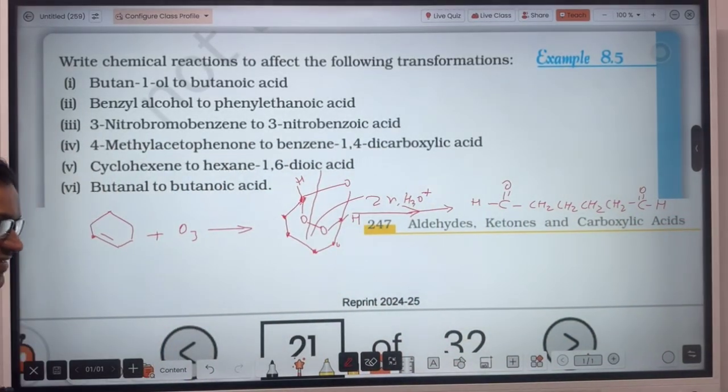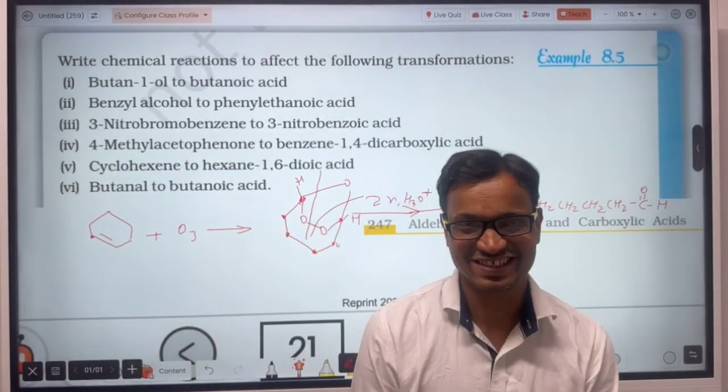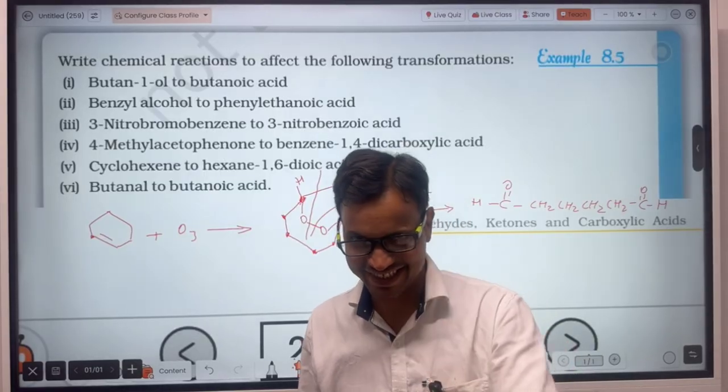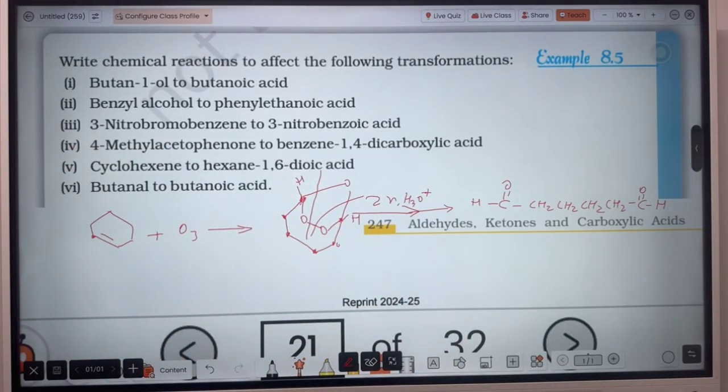Before watching, firstly write the IUPAC name of this compound. I am giving you 10 seconds. Watch out. Firstly, the IUPAC name of this compound. What is the IUPAC name of this compound?